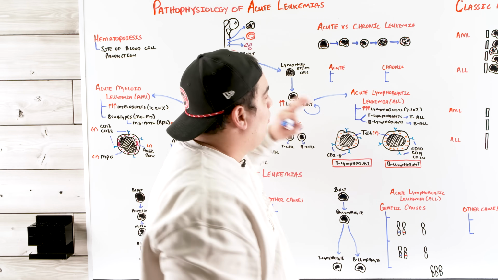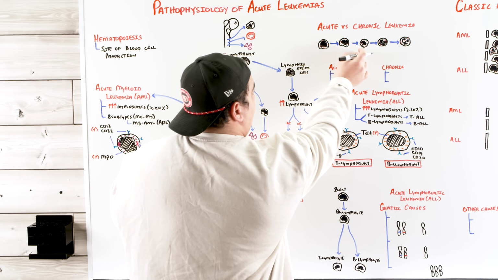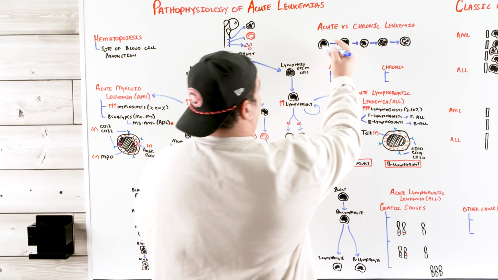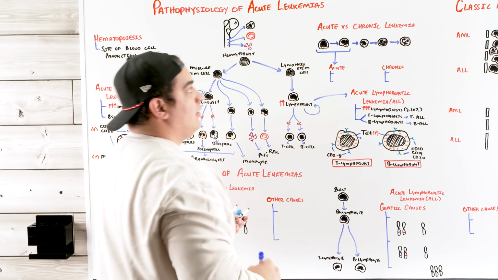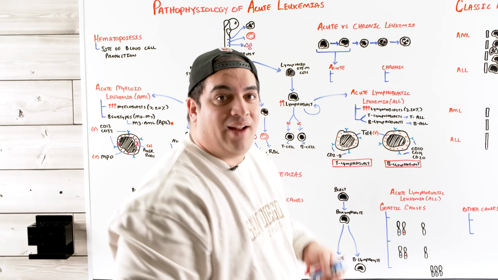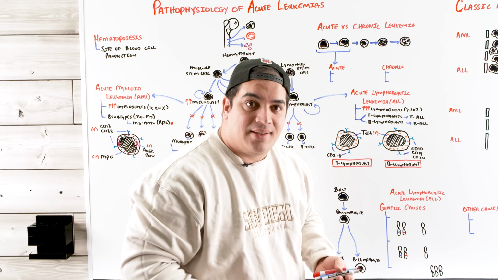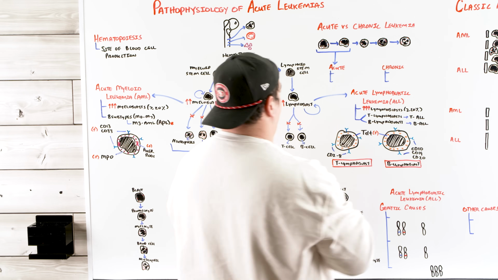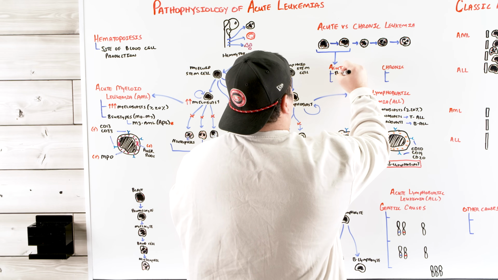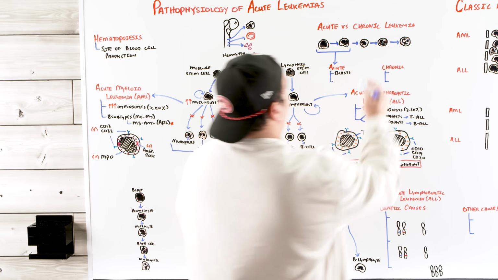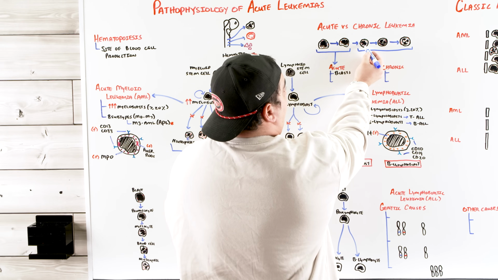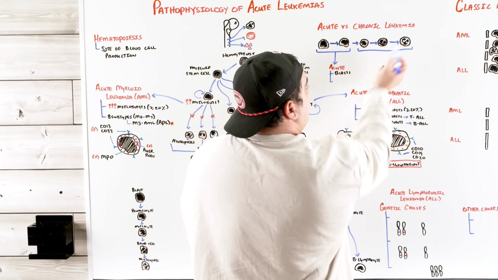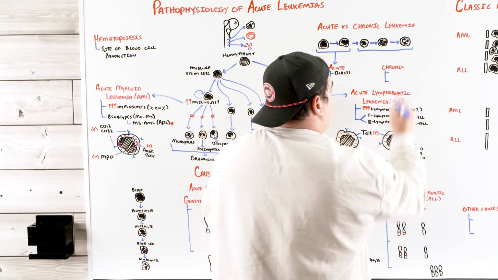Whenever we go through these stages, if it's in the earlier portions of the differentiation, that is acute. These are the cells that are more likely to be involved, the blasts. So this is what's really important to remember. Later, in these parts where the nuclei are starting to segment, they're becoming more specific and more functional.